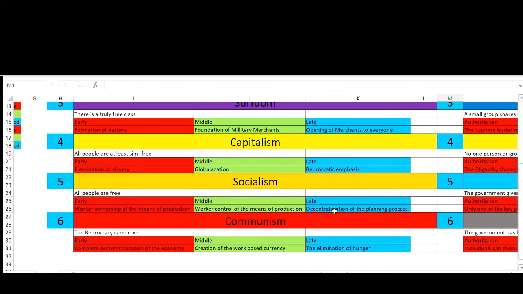So think about it this way. You're a worker in a late stage socialist society, and you would get the opportunity to vote to make a plan. Your vote would make a plan for your workplace.